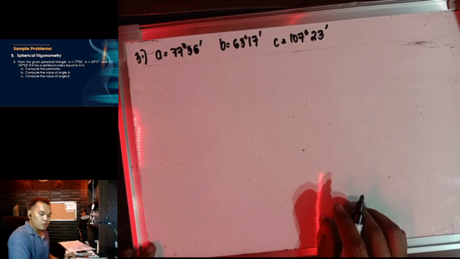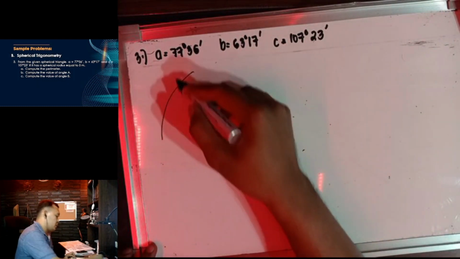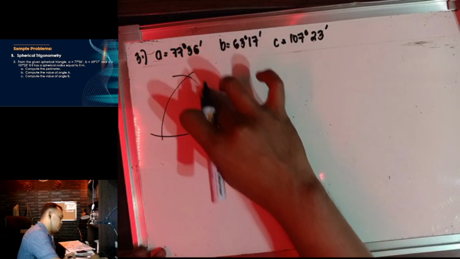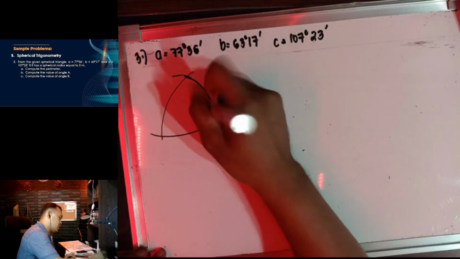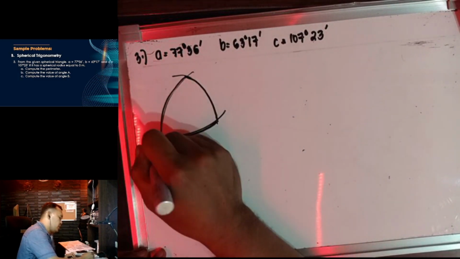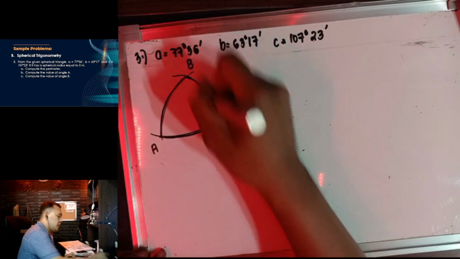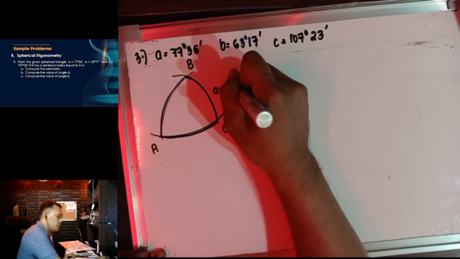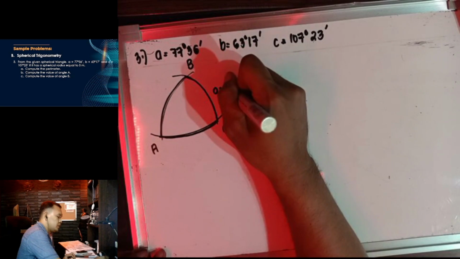Okay. So, let's draw our spherical triangle. So, we have here this one, and this one. So, let's assume, we have here A, B, and C. And A is equivalent to 77 degrees and 36 minutes.